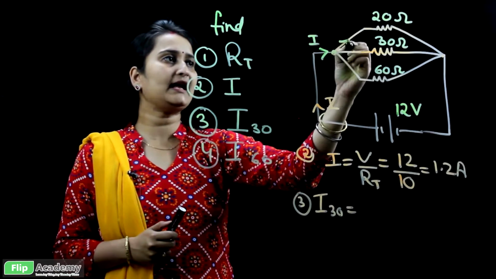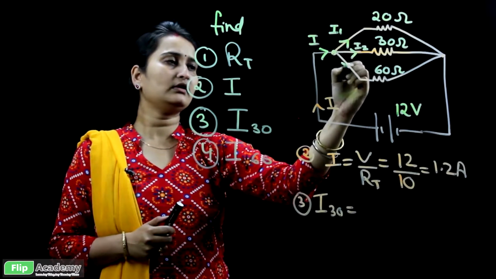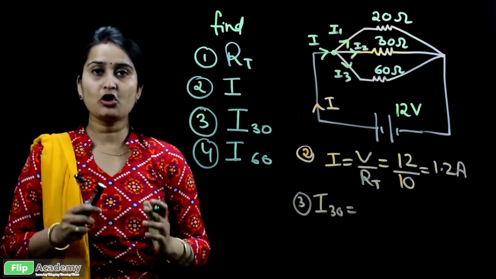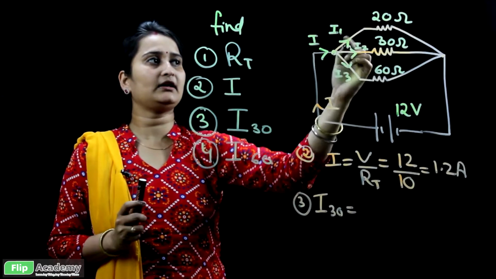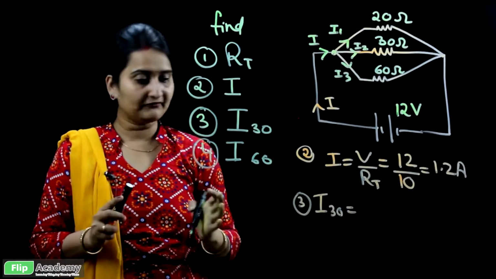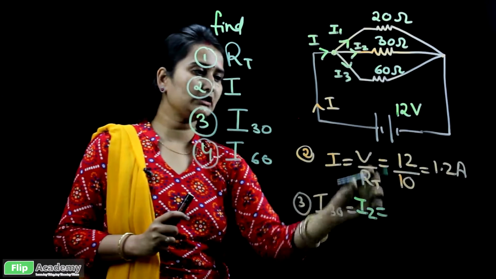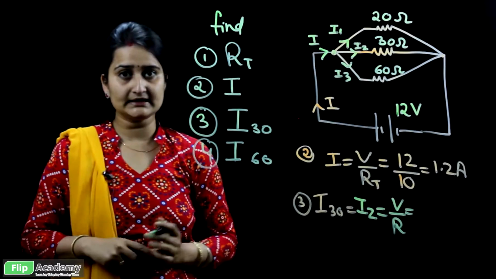So it will be divided into I1, I2 and I3, like a river. In the case of the 30 ohm resistance, what is the current? The current is I2. So you have to find I2. I2 is equal to the same formula, V upon R.